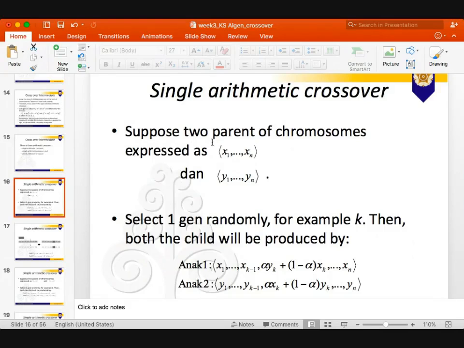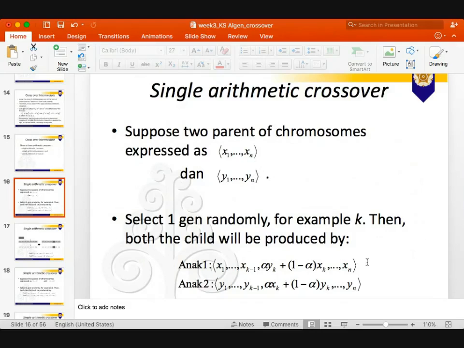For example, we have two parent chromosomes, X1 until Xn, and the second parent, Y1 until Yn, where n is the chromosome size. Then we select one gene randomly, for example K, where K must be from 1 until n.